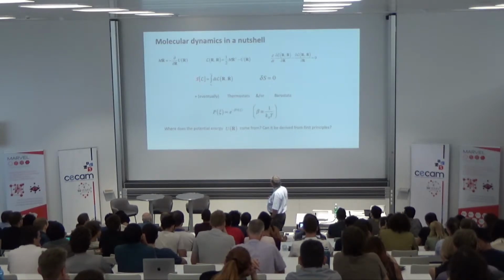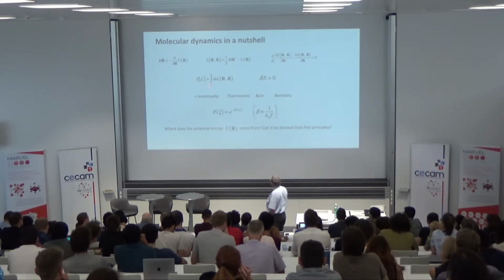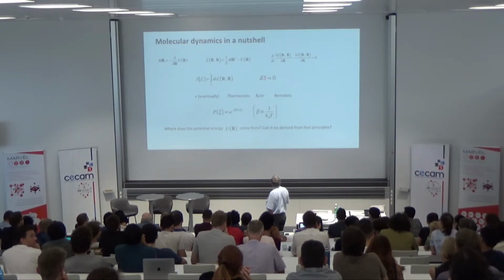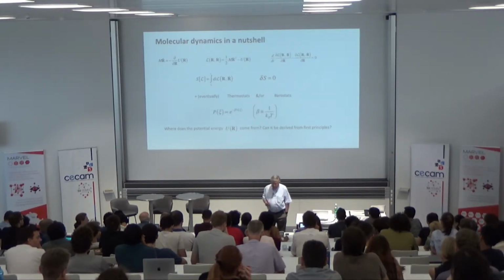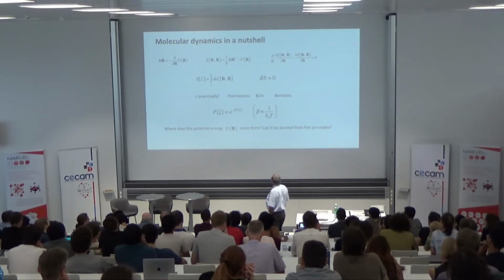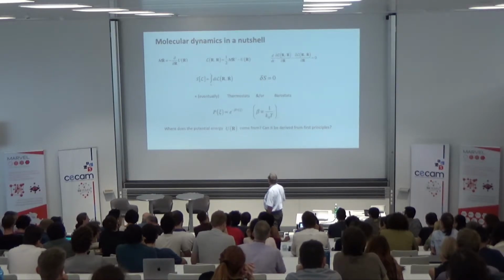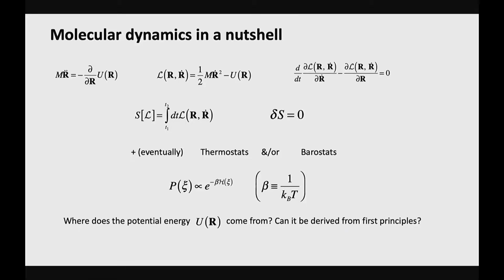So the action is a functional of the Lagrangian, and here we go from time t1 to time t2, and the action corresponding to this Lagrangian is given by this integral of the Lagrangian. And in classical mechanics, there is a famous principle, Hamilton's principle, that says that the classical trajectory connecting t1 and t2 is the trajectory that minimizes the action. So this is a concept that I want you to bear in mind.